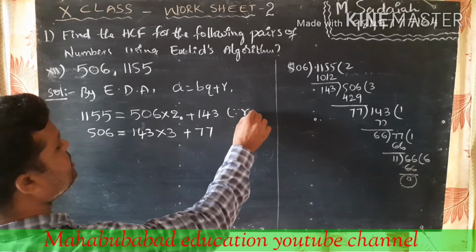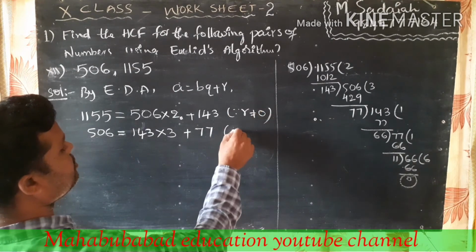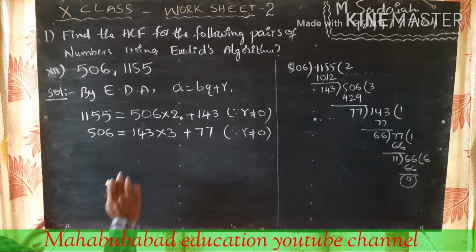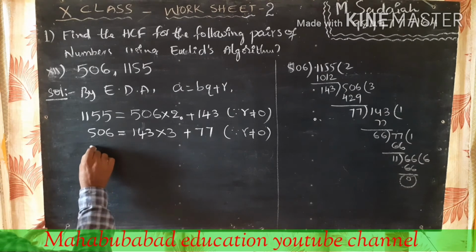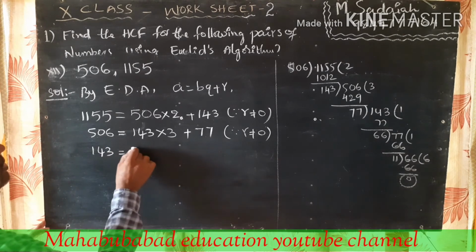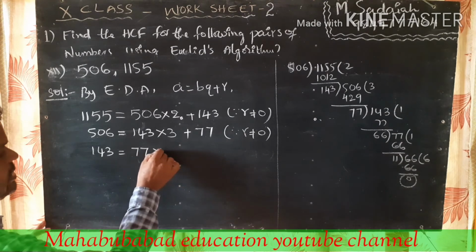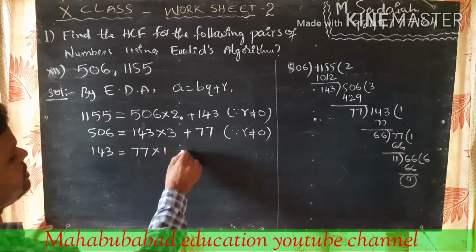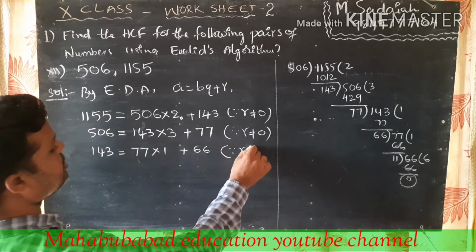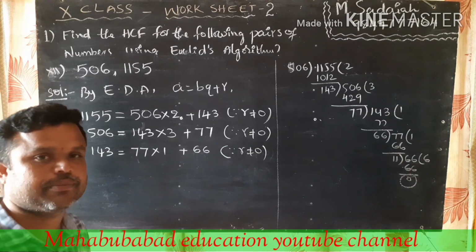Here the remainder is not equal to 0, we will continue the process. So 143 is the dividend. The remainder becomes the divisor, and 77 ones are 77, remainder is 66. Again the remainder is not equal to 0, we will continue the process.